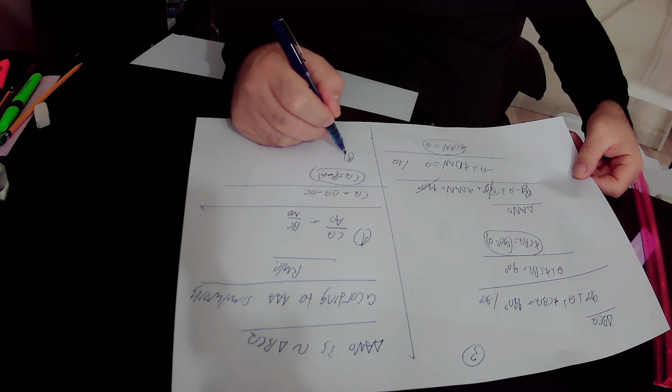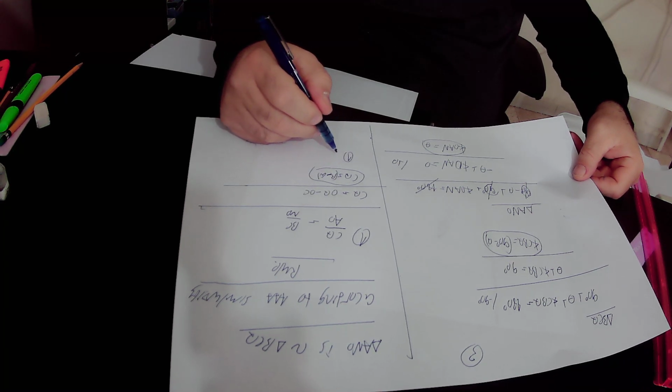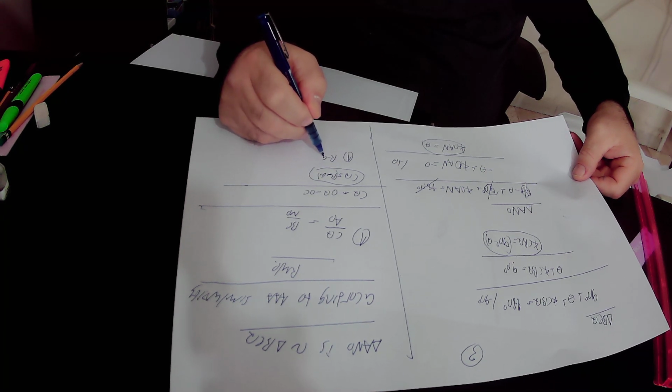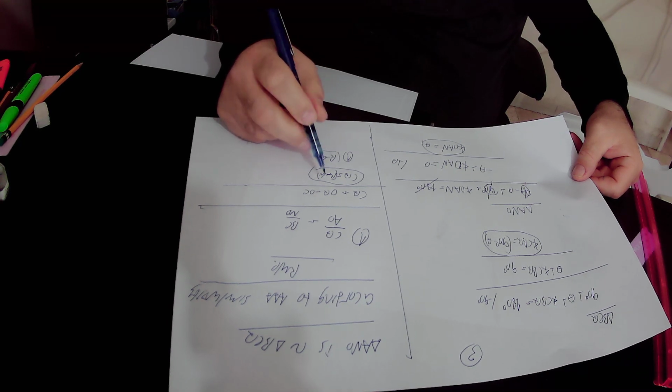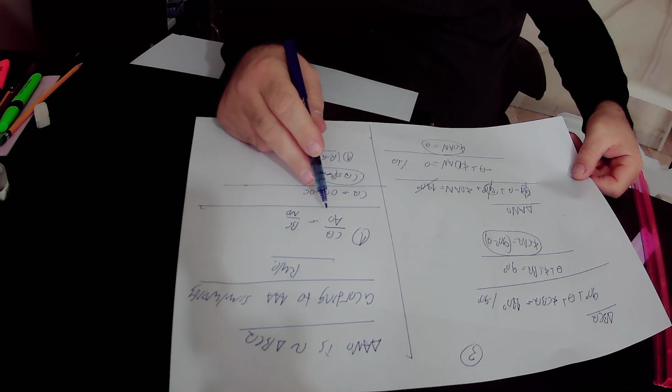We will substitute CQ in equation number 1 by R minus A. In equation number 1 we have CQ over AO.